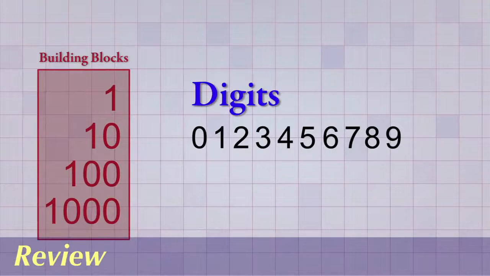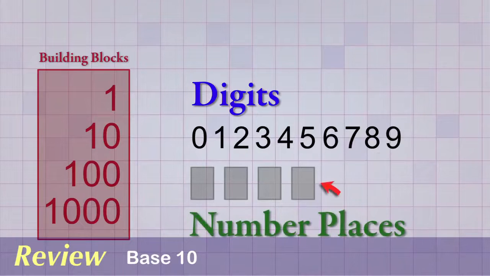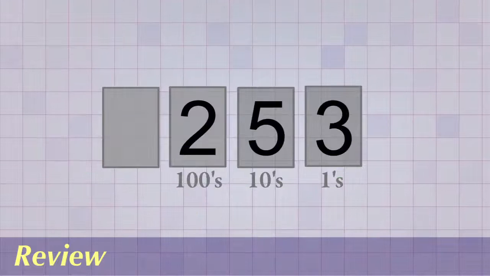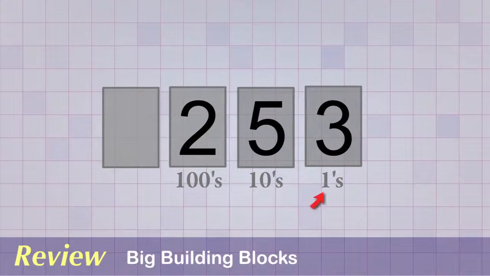Our number system is called base 10. It uses powers of 10 as building blocks for counting, as well as 10 different digits. Number places are like counters that hold one digit at a time and help us count how many of each base 10 building block a number is made of. There are base 10 building blocks like 1, 10, 100, and 1,000 that help us make really big numbers.